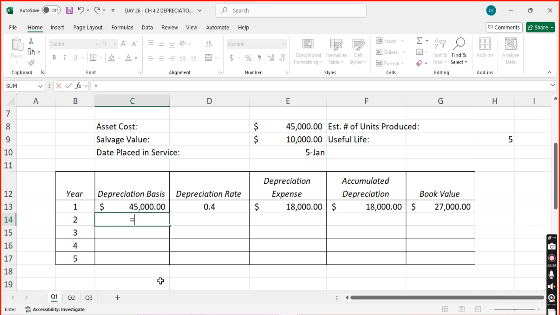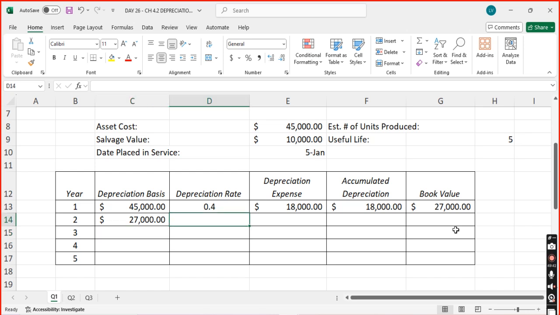So if you end your first year with $27,000, that means you're going to begin the year with $27,000. Good. So then what is my rate going to be? It's going to be the same. Even if you reach the 5th year, it's all going to be the same.